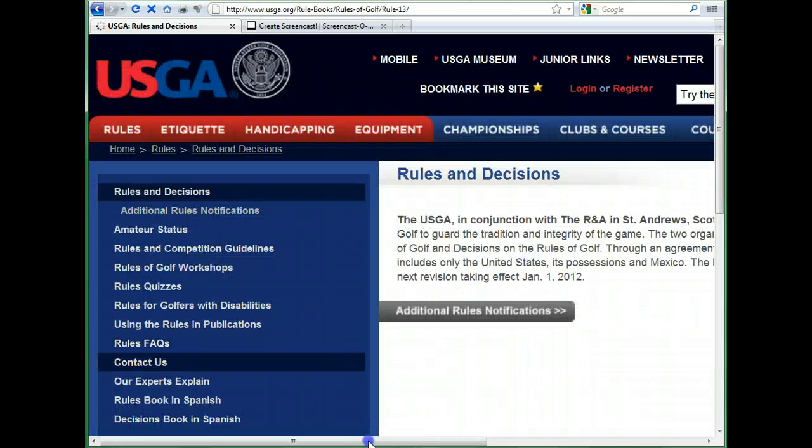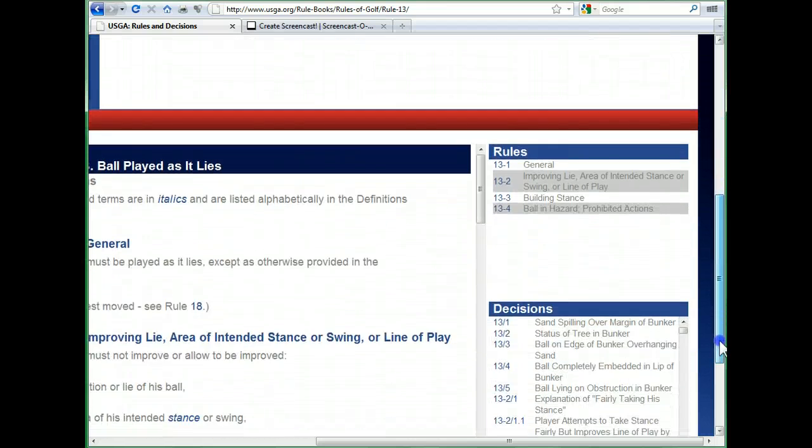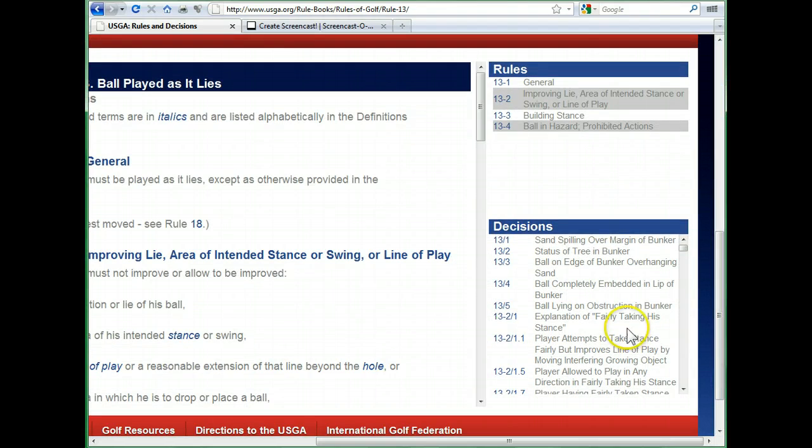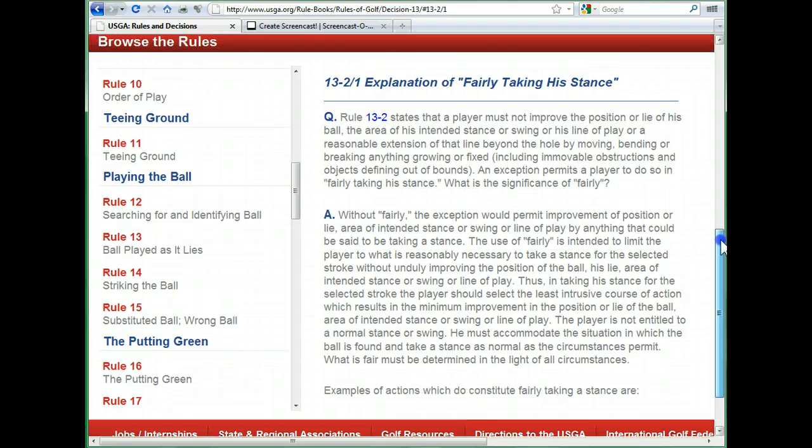You let that page load, and then you go to the far bottom right side, and you'll see the decisions. So 13-2/1, explanation of fairly taking his stance. You won't find this in your rule book. You'll find this in the decisions book, which is a much thicker book. Your coach probably has one, or you can find it online. And this is just a question and answer of what it means to fairly take your stance.